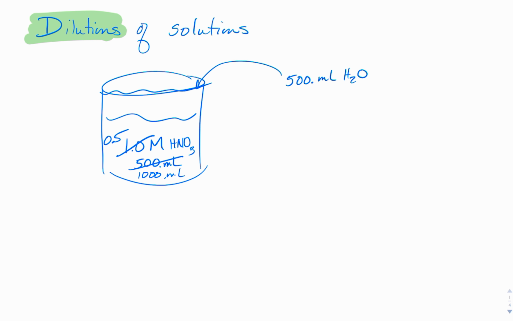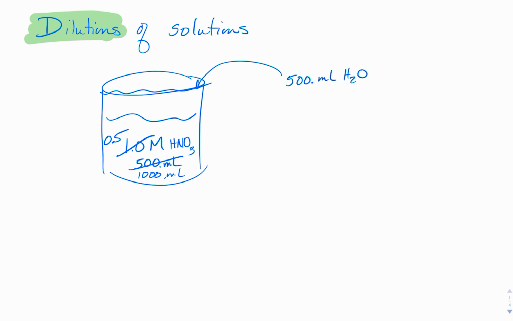Now that we have everything plugged in, all we have to do is solve for C2. To do that, we just divide both sides by 2.00 liters. Our liters will cancel out, and this leaves us with molar, or molarity, as the unit of our final value.